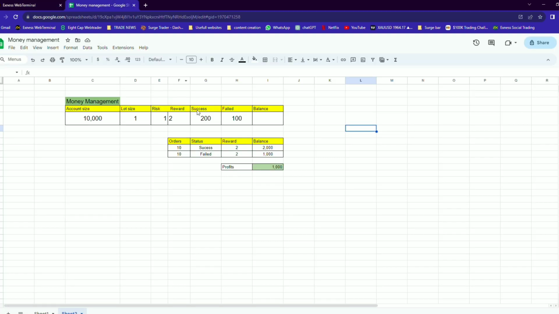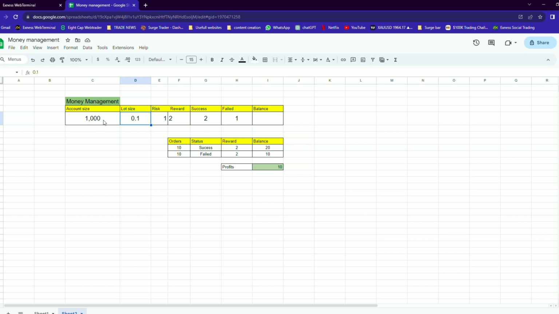Now this order, we are going to look at it if you have a $1,000 account. It means if you risk 1 to 2, you'll get 20 as 0.1.